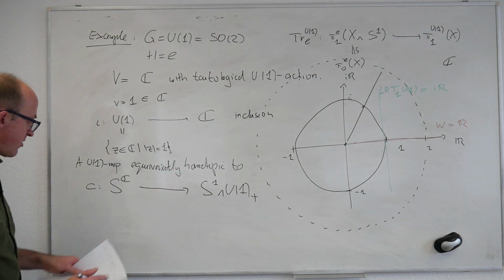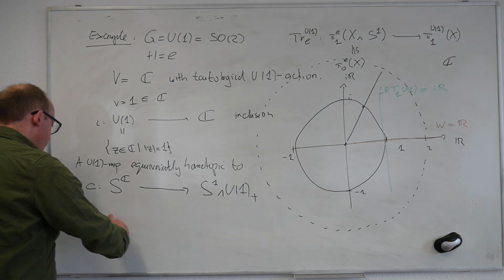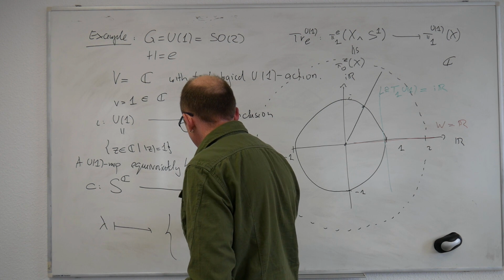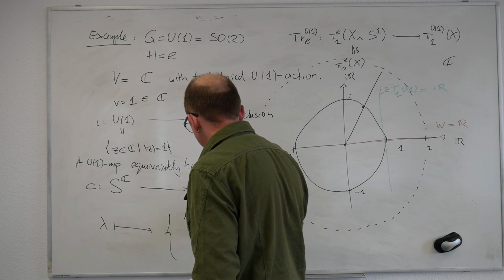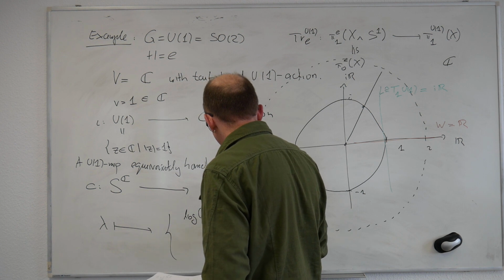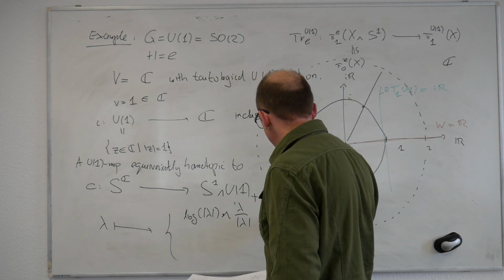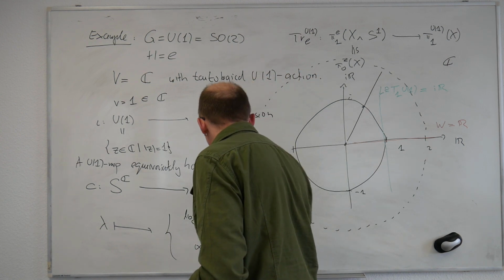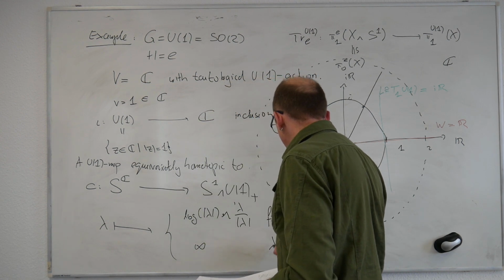So these are two reasons for why this would be the W in general with trivial action in this particular example. And so here's a formula that you can use. You can send lambda to the logarithm of the length of lambda smashed with the normalization of lambda, and this is for lambda not 0, and to the point at infinity, or the base point, if lambda is 0.